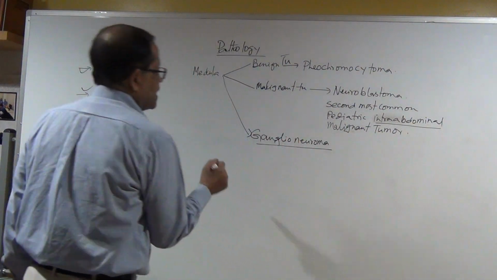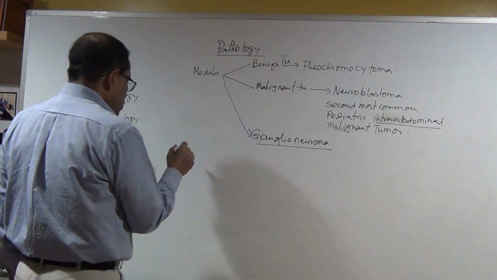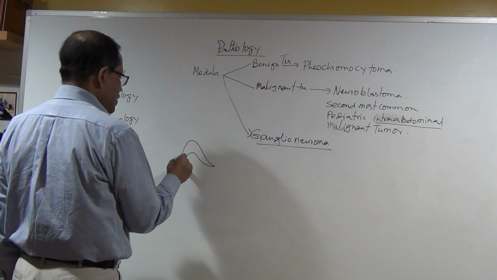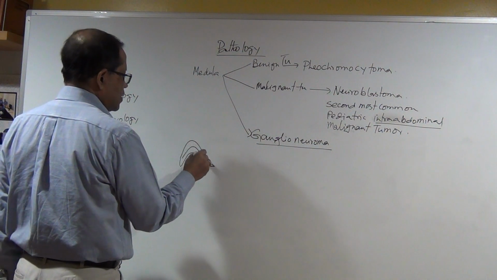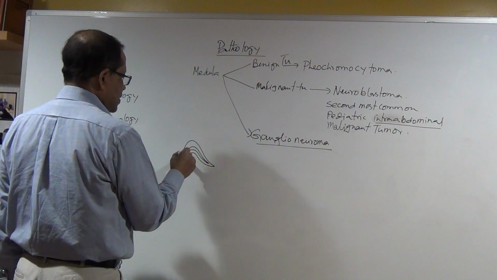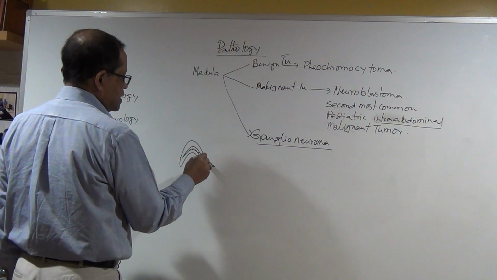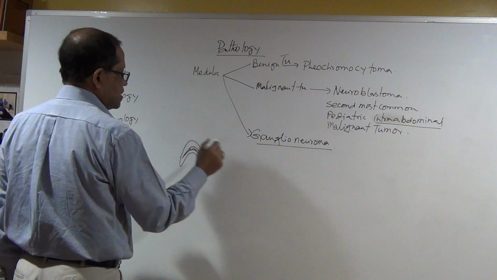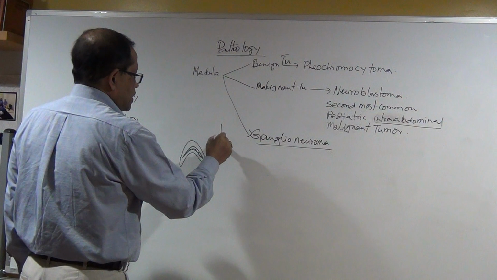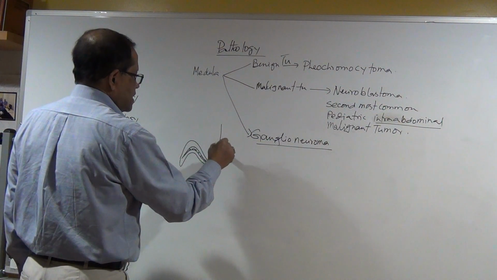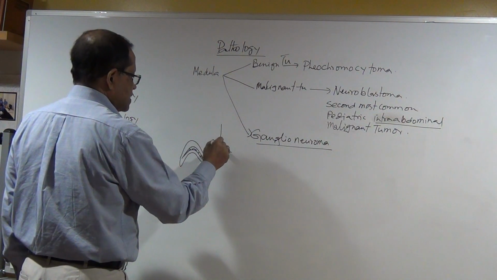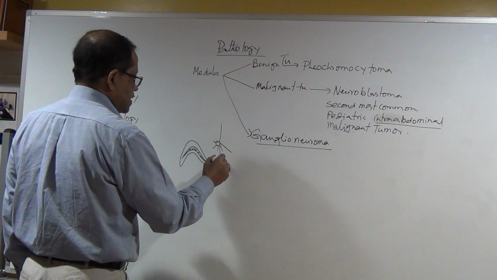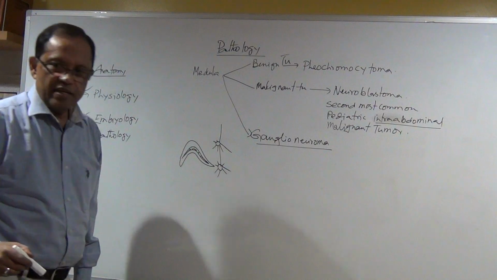You need to understand a little: when the adrenal gland was forming, this is the medullary part, inner side. There are some ganglion cells, sympathetic ganglion.